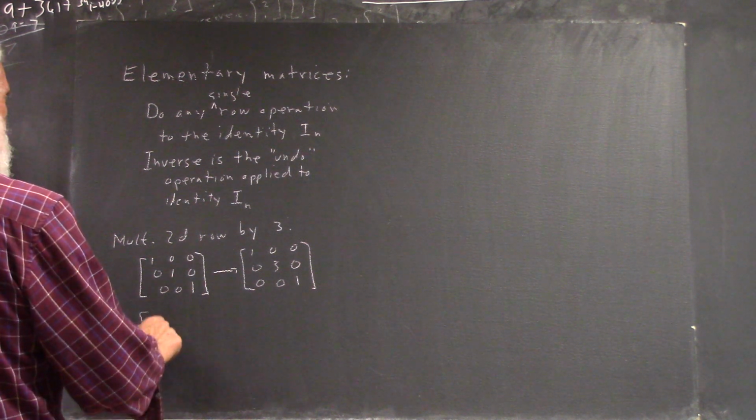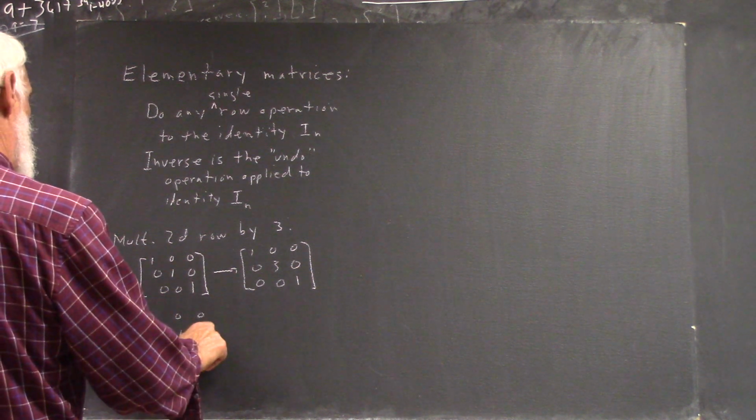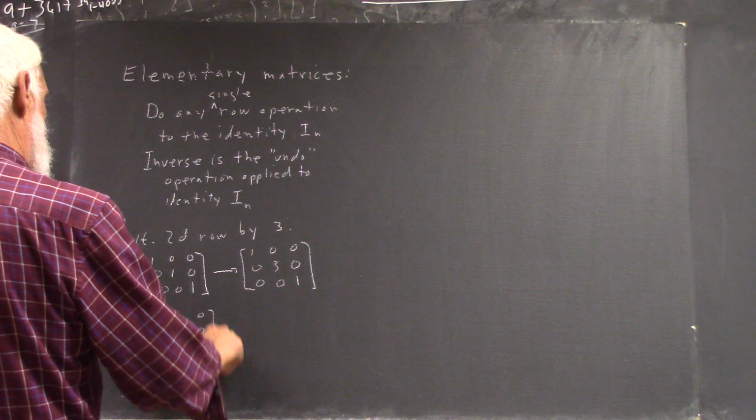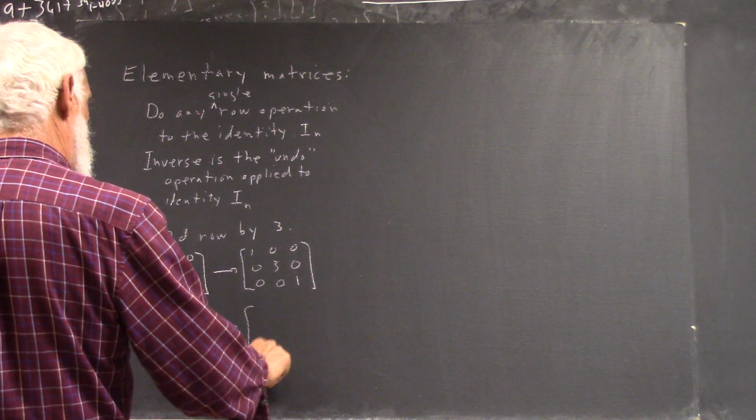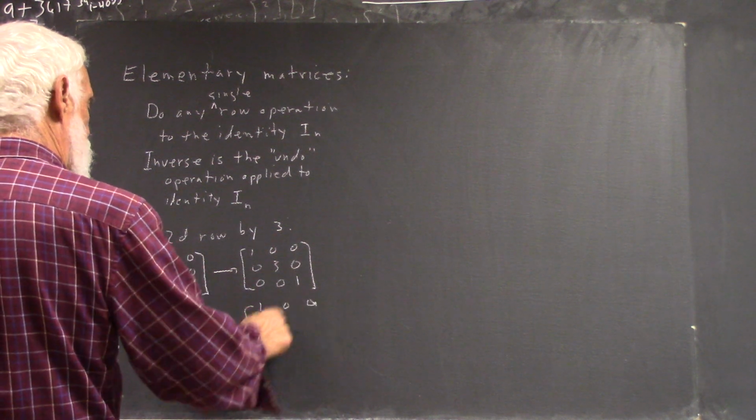The undo, you divide by 3. And implicitly you divide the same row by 3.